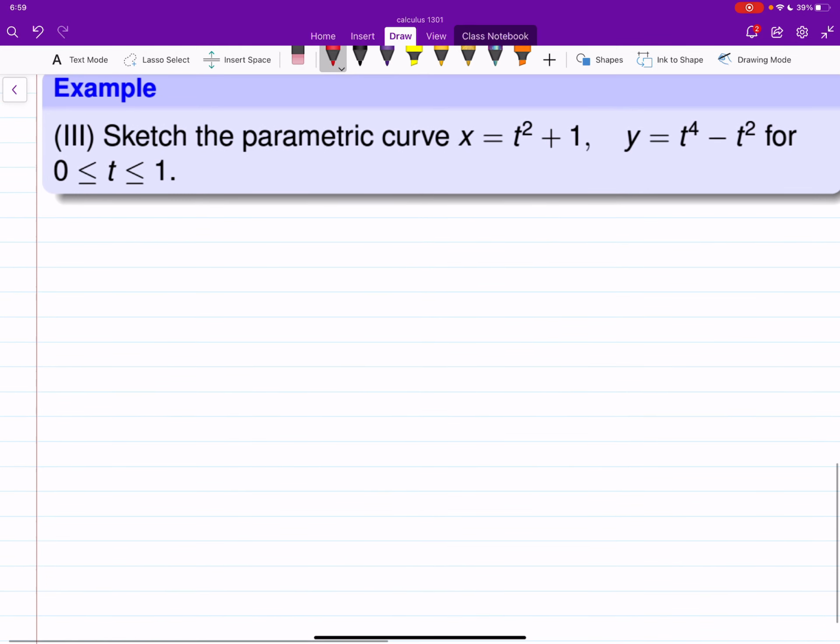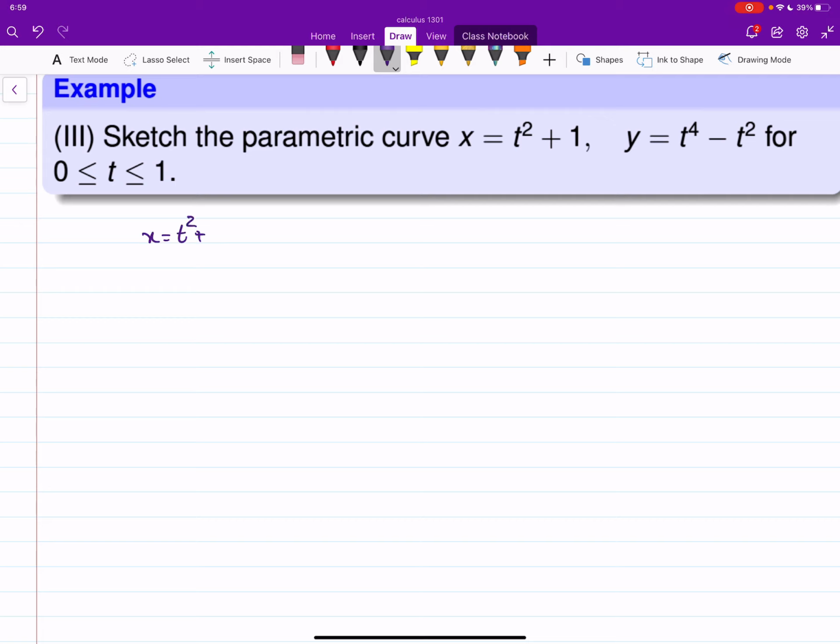Okay. Let's do this other one as well. So here I have x equals t squared plus 1, y is equal to t to the fourth minus t squared. Here I will go with this one: t squared is equal to x minus 1. I can go ahead and solve it for that. But if you notice here, everything is written in terms of t squared. And I can now plug in t squared there.